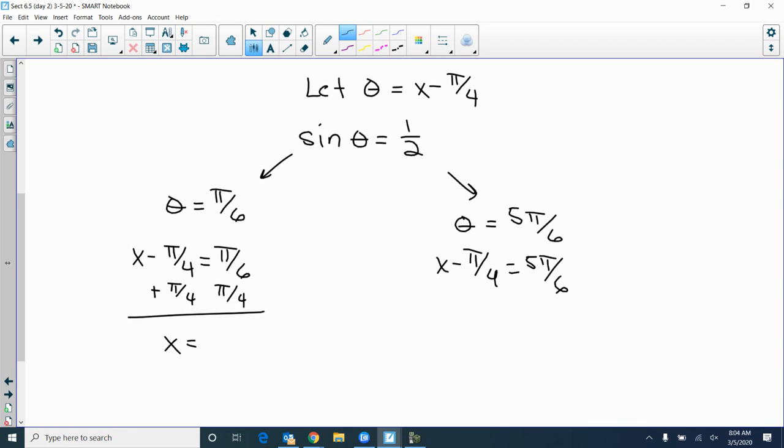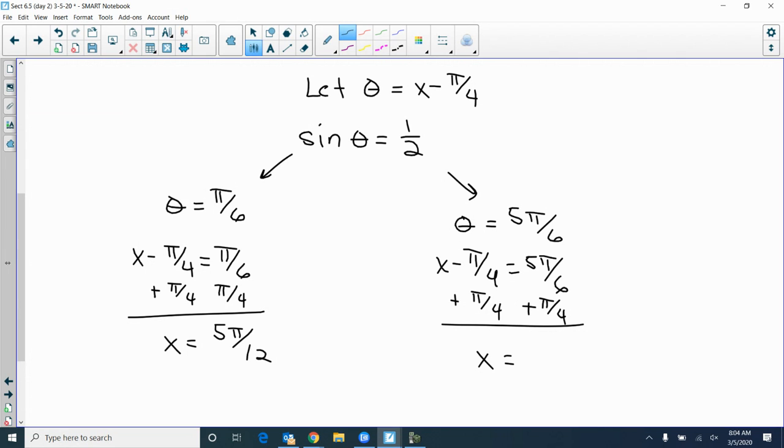Let's see what you get. What is that? 2 over 12 and 3, 5 pi over 12. So 5 pi over 12. And add pi over 4. And what does that give me?